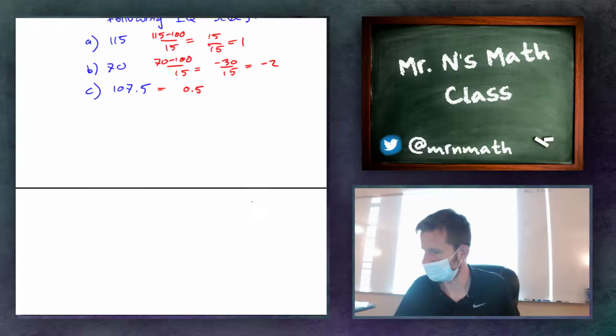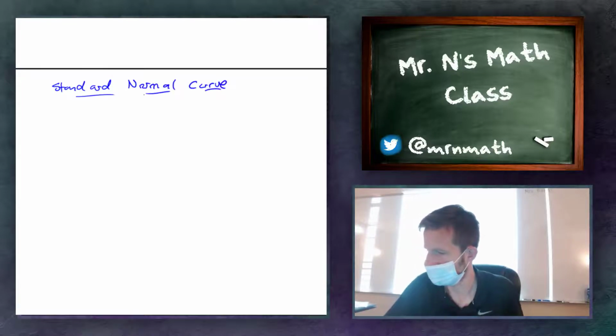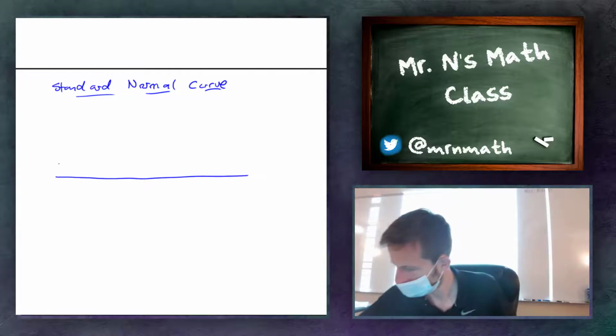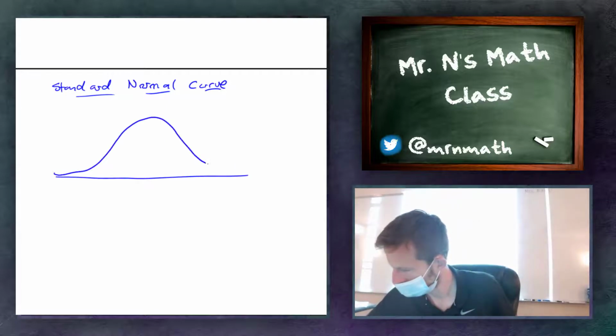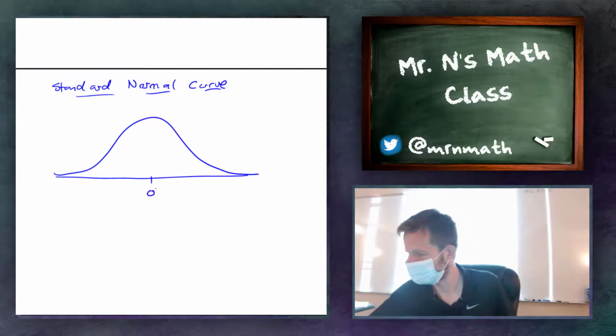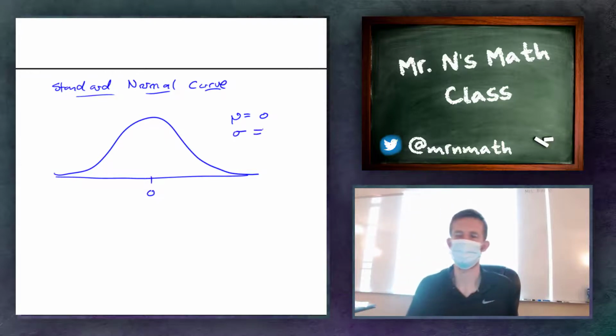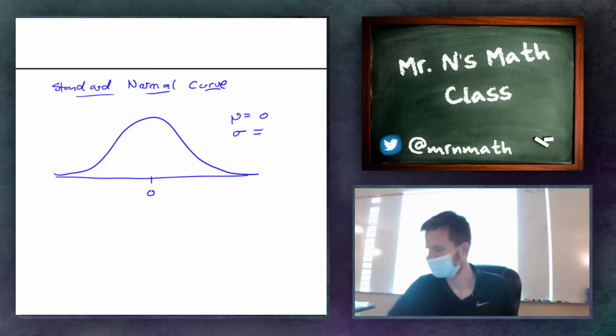So by the way, the standard normal curve looks like this. Standard normal curve is centered at 0 and has a standard deviation of what? Take a guess. 1. That's a good guess.